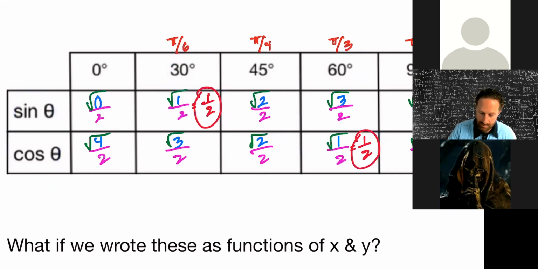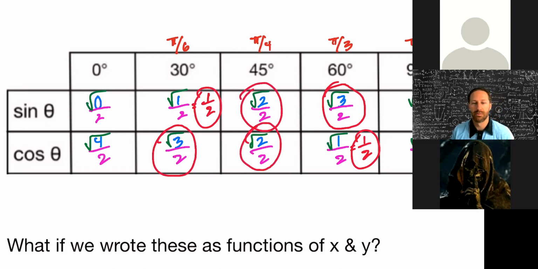So that means sine of 60, cosine of 30. Sine and cosine of 45 are all the same, as are 0 and 90, or 90 and 0.